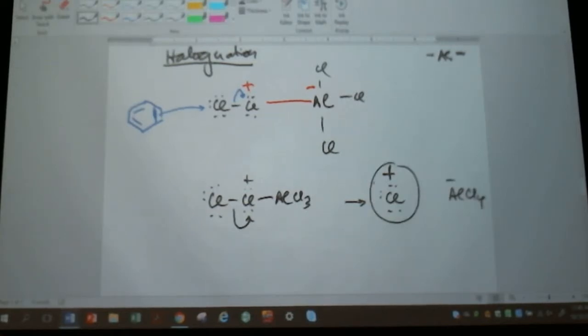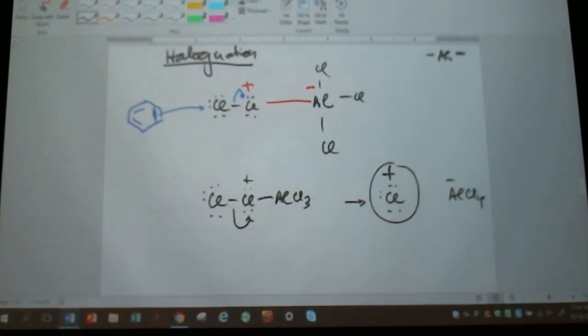And this is the species that we're going to attack, regardless of how you look at it. We have a really, really electrophilic chlorine, one that is a strong enough electrophile to budge the benzene and break its aromaticity. But it's only going to be temporary.